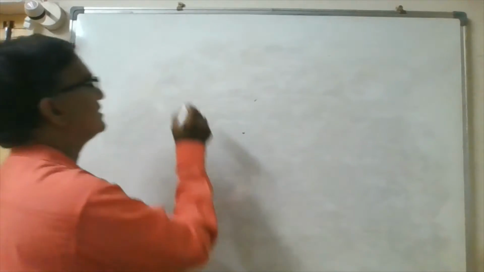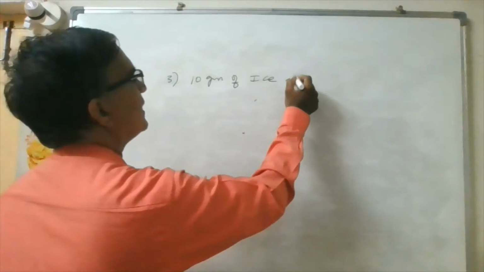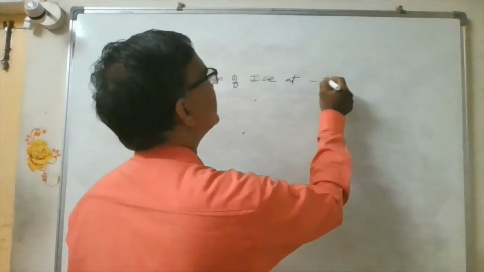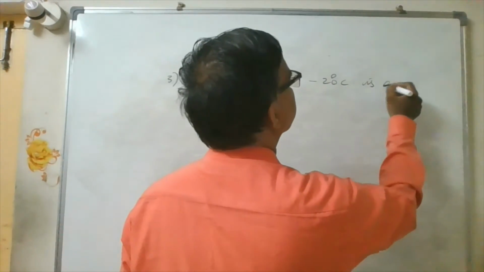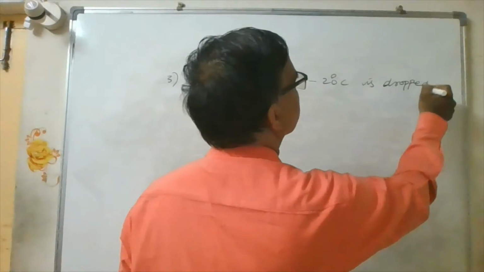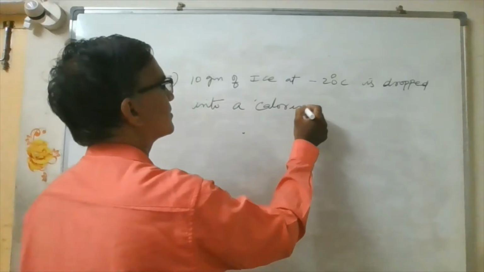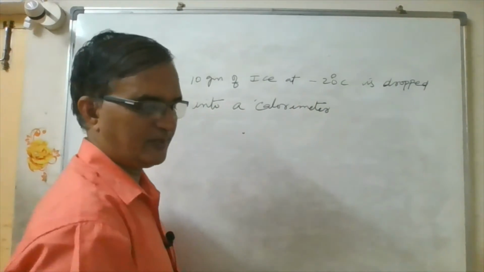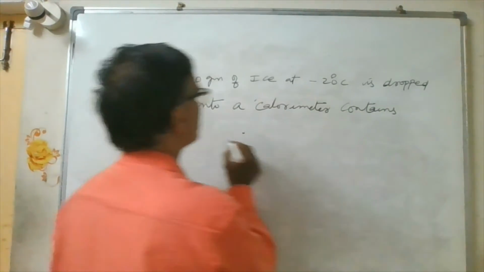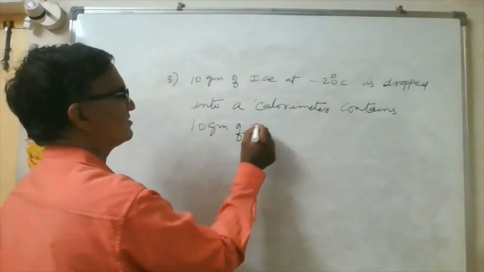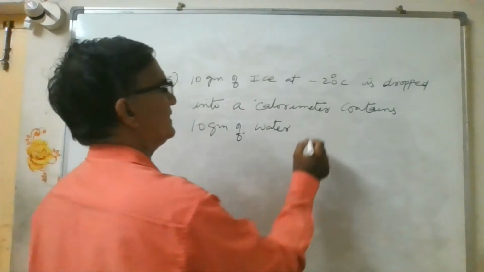Ten grams of ice at minus 20 degrees centigrade is dropped into a calorimeter containing 10 grams of water at 10 degrees centigrade.